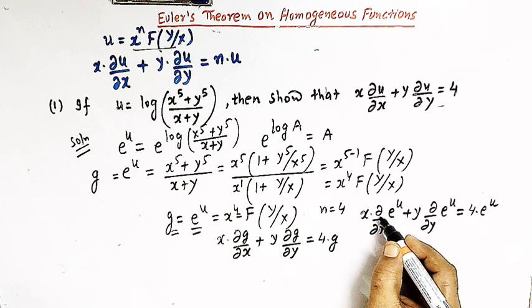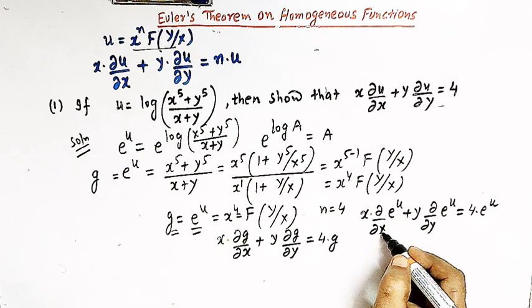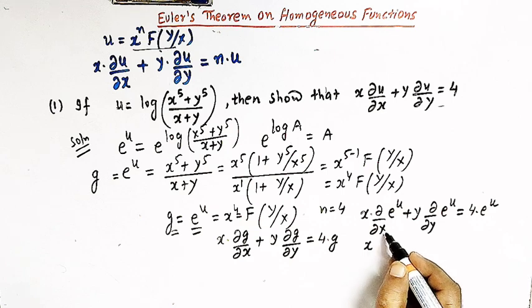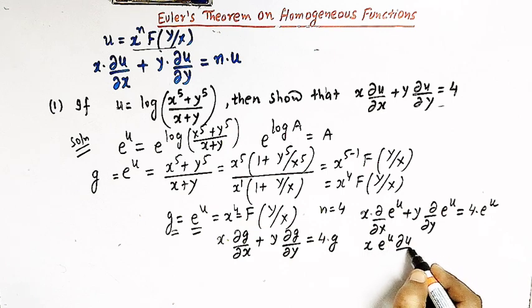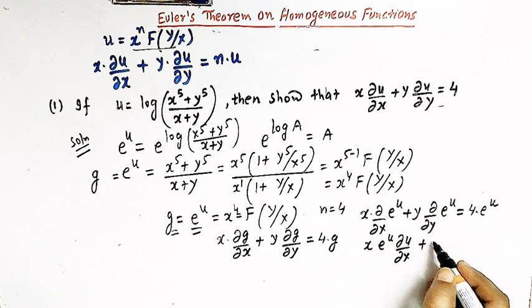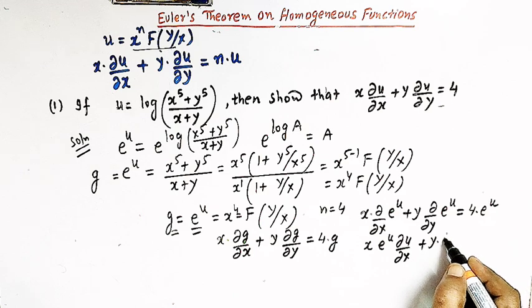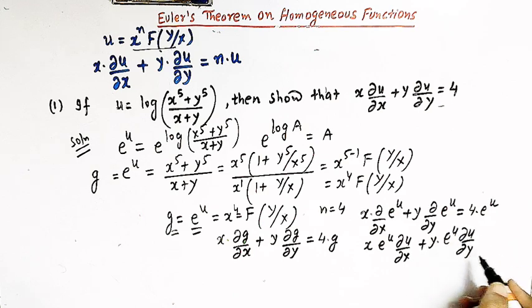Now the partial derivative of e raised to u with respect to x is given by e raised to u, and then we have del u over del x. So this is by chain rule, and again here we have e raised to u, and then we have del u over del y, and here we have 4 times e raised to u, right?